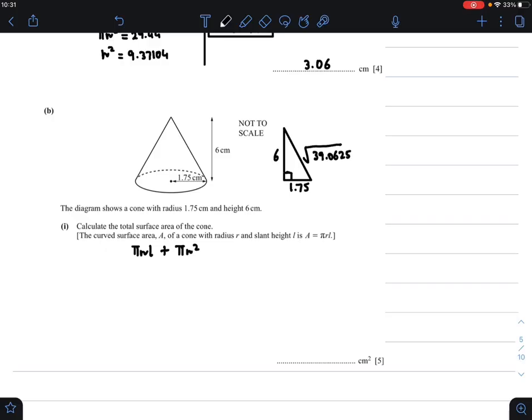Therefore the slant height will be equal to root of 39.0625. Now the root of 39.0625 is equal to 6.25. So now we have the slant height as well, which is 6.25. Now, wait, I'll just write it down. It is equal to 6.25.